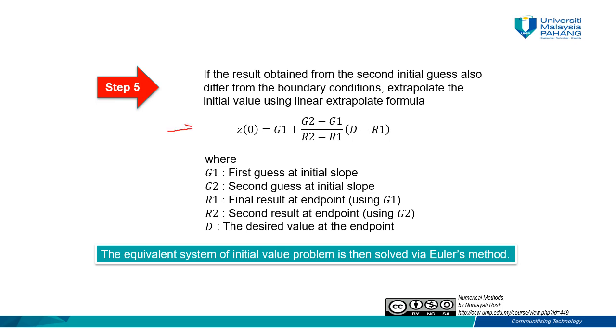So this is the formula where G1 is the first guess at the initial slope, G2 the second guess at the initial slope, R1 the final result at the endpoint using G1, R2 the second result at the endpoint using G2, and D is the desired value at the endpoint. After we have our new guess, the system is again solved by using the Euler method.